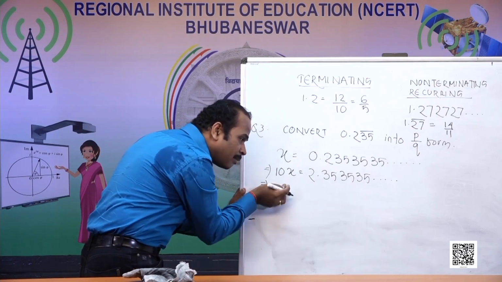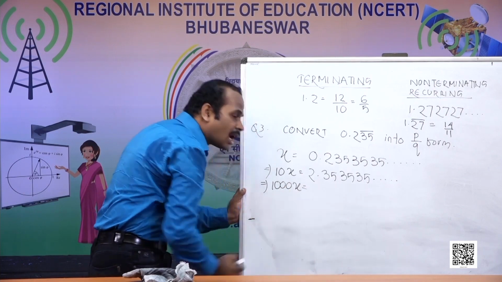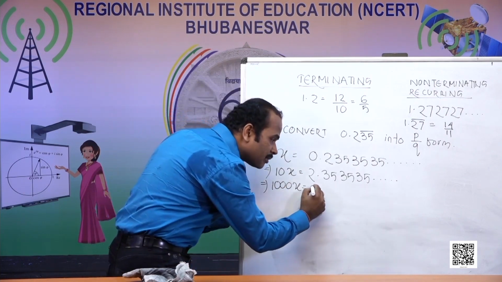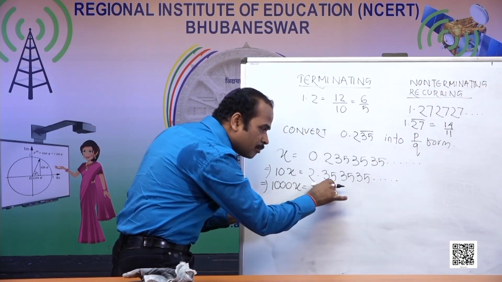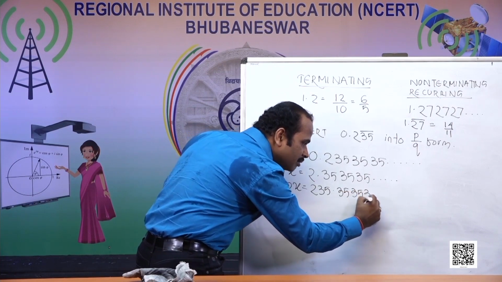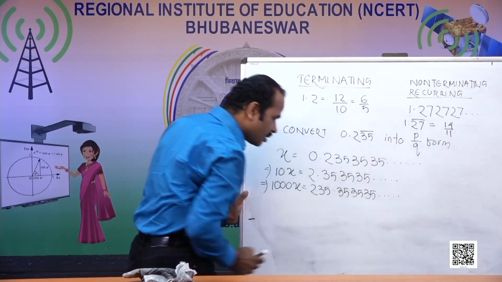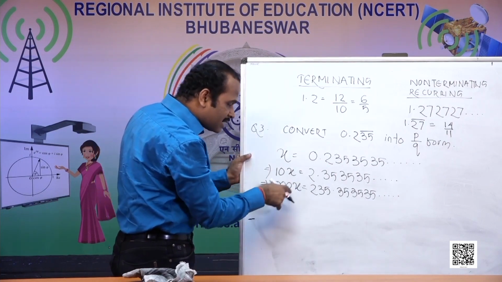So 100 multiplying 10x becomes 1000x. Now 1000x equals how much? It will be 235 point, so the decimal will be moved to that place, 353535 and so on.